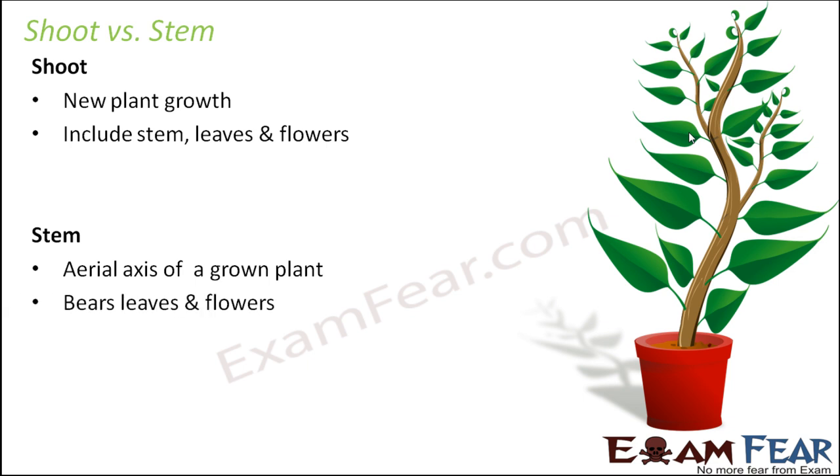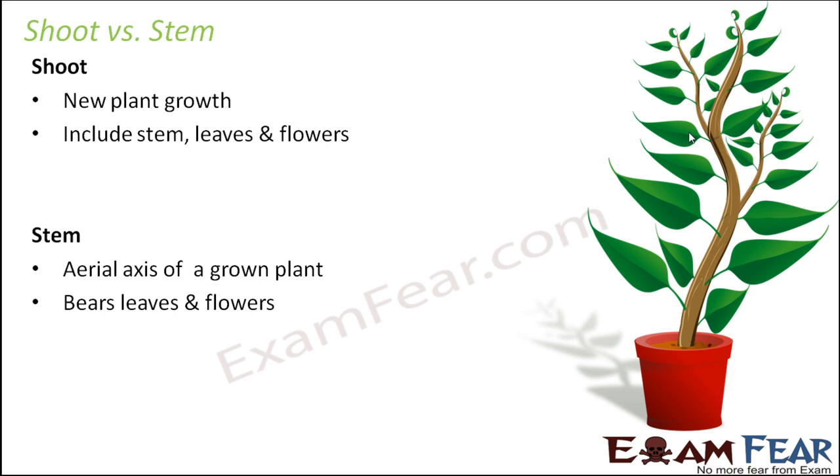It bears leaves and flowers. So that's exactly what I had explained just now. So this is how shoot and stem are different from each other, and therefore they should not be used synonymously. So when you are talking about a new growth of a plant, you can refer to it as a shoot, but when a plant is already grown, shoot would always mean that you are talking about the stem plus the flowers, leaves, everything.